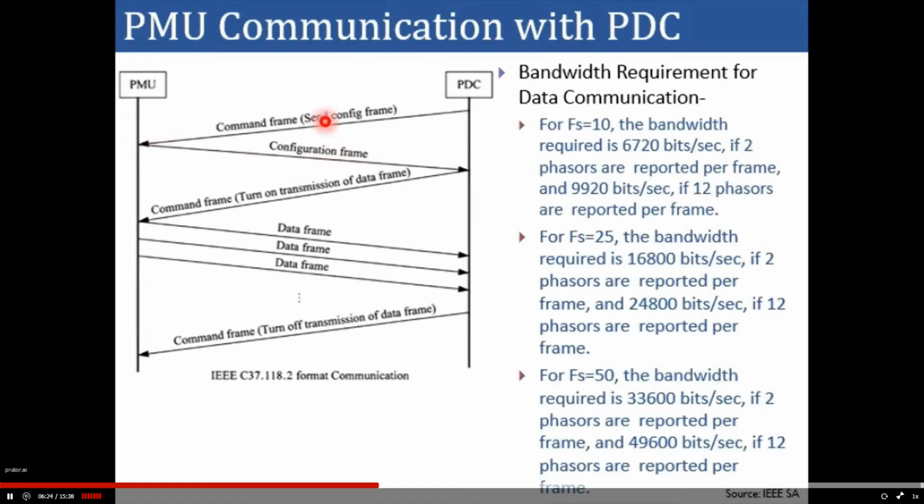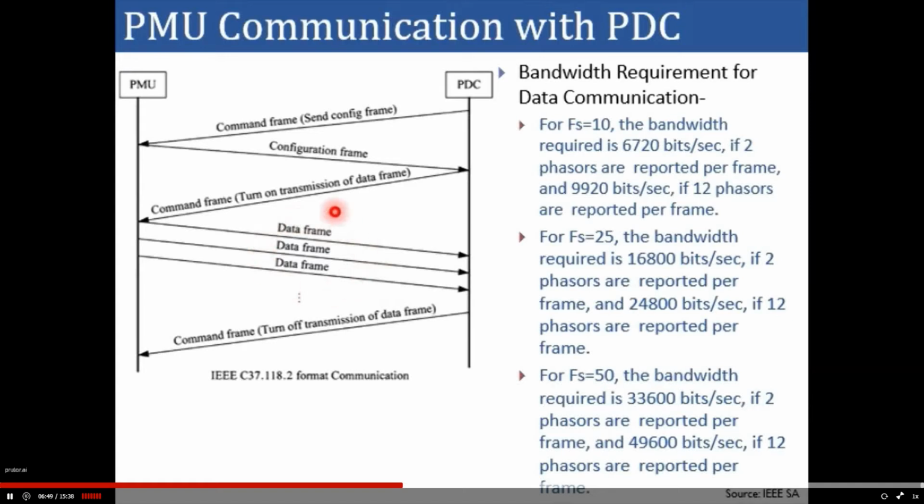In return, PMU will send configuration frame to PDC, and then when it gets the configuration, PDC will send again a command frame to turn on the transmission of data frame. After receiving the command from PDC about sending the data frame, PMU will start sending data frames.